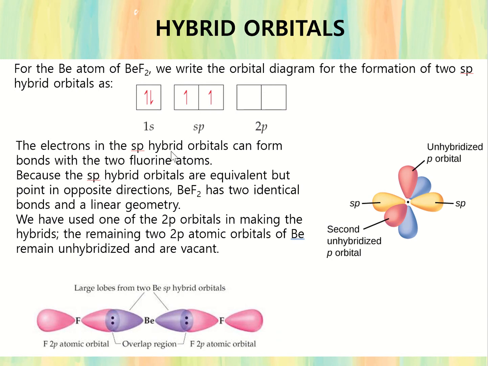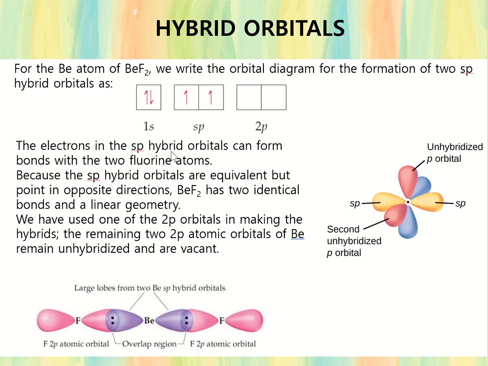So the electrons in the sp hybrid orbitals can form bonds with the two fluorine atoms now. Because the sp hybrid orbitals are equivalent but point in opposite directions, the beryllium difluoride has two identical bonds and a linear geometry.